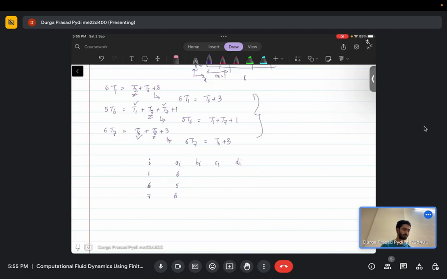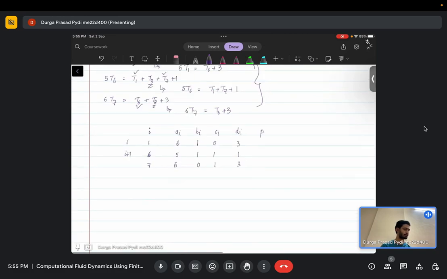So this is my I, this is my I plus 1. It corresponds to the 6, and then CI is 0, DI is 3. Similarly for the second one, I plus 1 is 7, so you have a coefficient of 1, and I minus 1 is 1, DI has a value of 1. And for the 7th cell you don't have an I plus 1 term, the I minus 1 term is 1 and this is 3. So the process is the same.